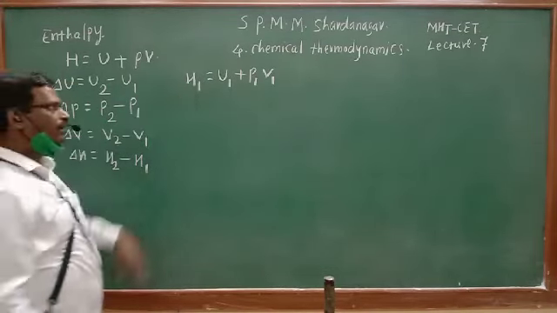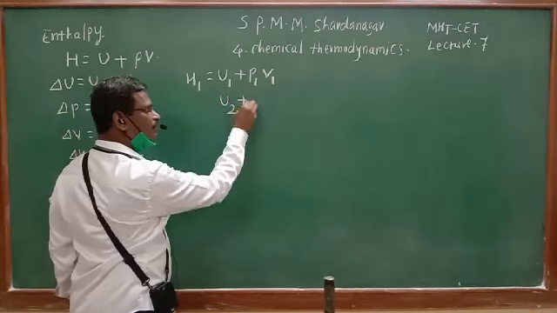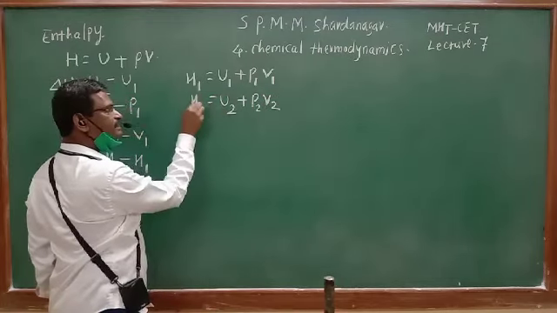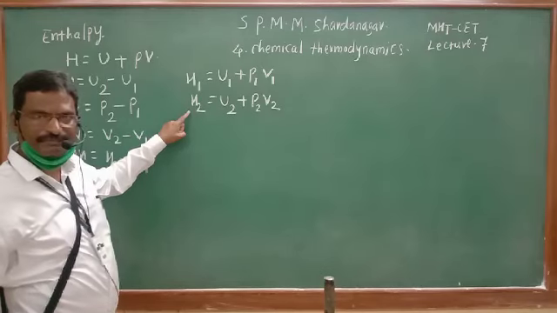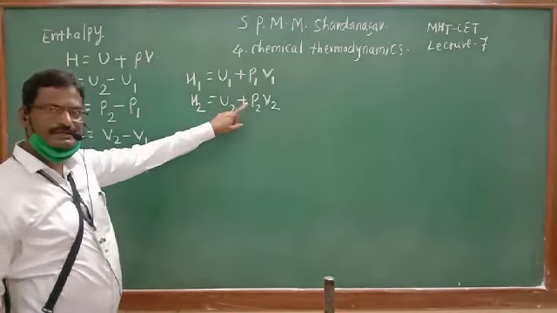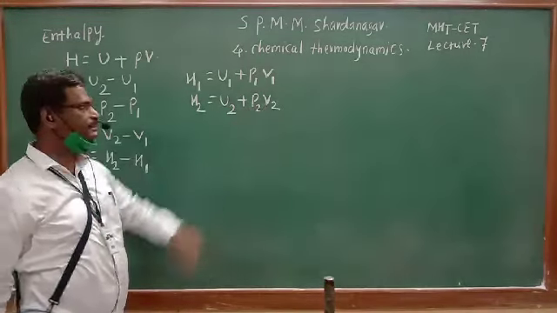Similarly, for the final state of the system, internal energy U2 plus P2 V2, and this is equal to H2. Enthalpy in the final state of the system is equal to internal energy in the final state plus pressure and volume in the final state of the system.